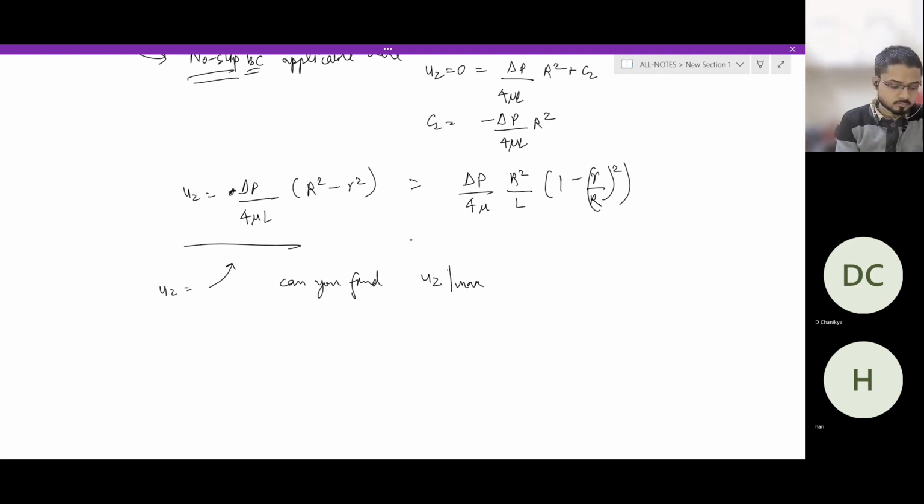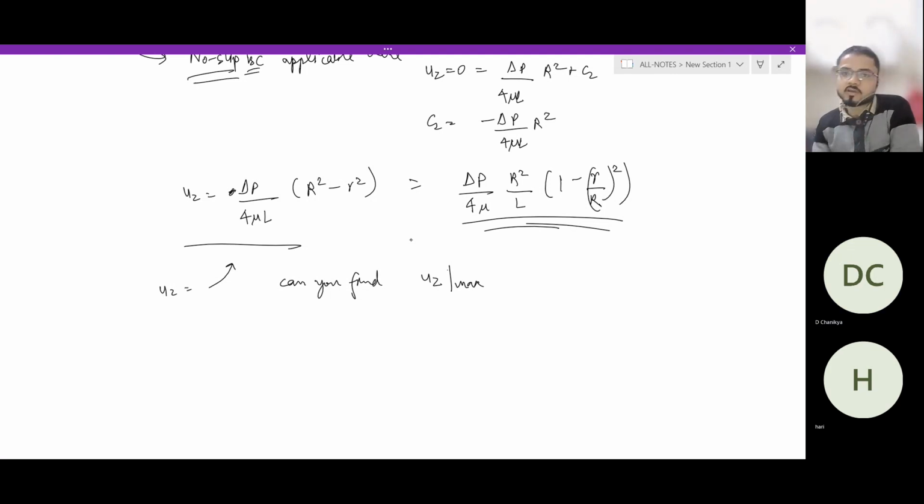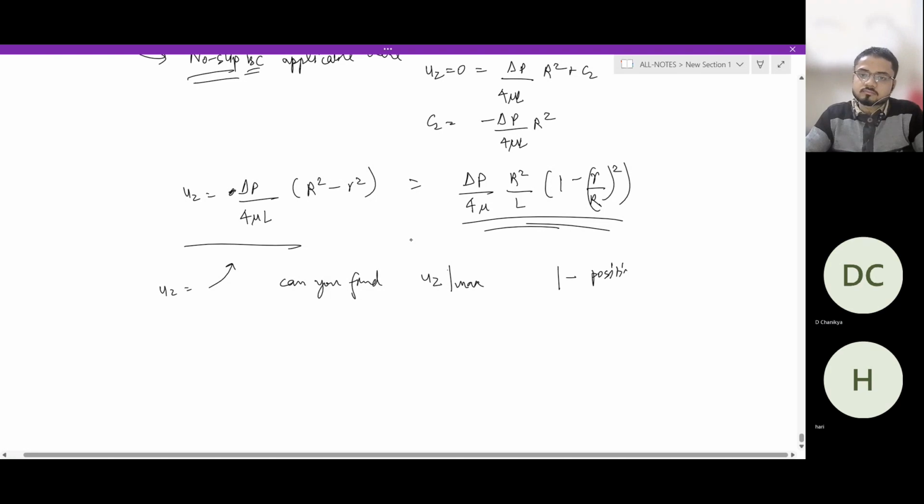Did you get it? No, sir. Okay. So actually, you can just look at it right away without needing to find any sort of derivative. So Uz is equal to 1 minus something positive, right?